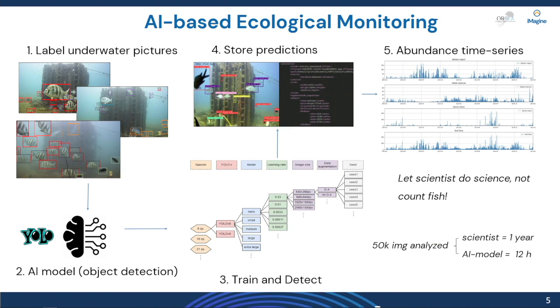So let's do science and not count fish. To give an idea for comparison, with 50K images analyzed, a scientist took 1 year more or less to count these fishes, and with these AI models it took 12 hours more or less.